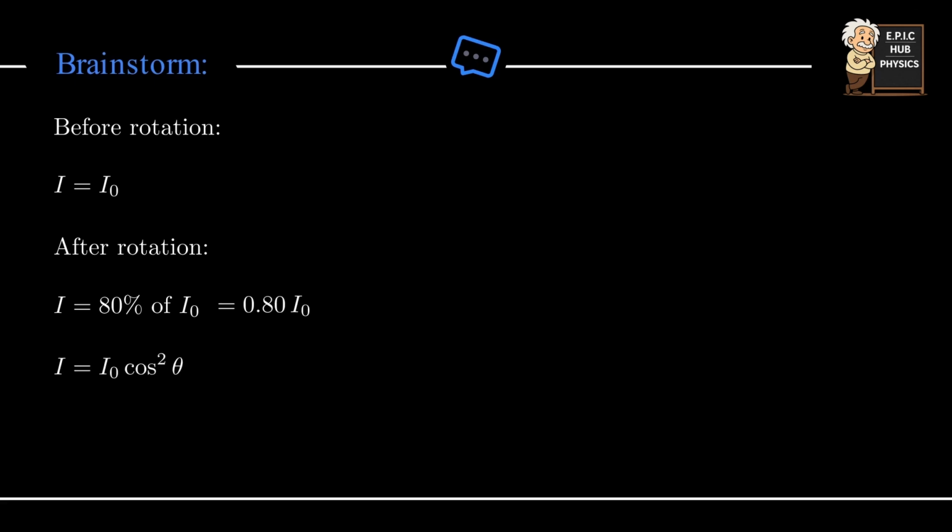Using Malus's law, we write I equals I0 times cos squared theta. Dividing both sides by I0 gives I over I0 equals cos squared theta. Substituting I equals 0.80 I0 gives 0.80 I0 divided by I0 equals cos squared theta.